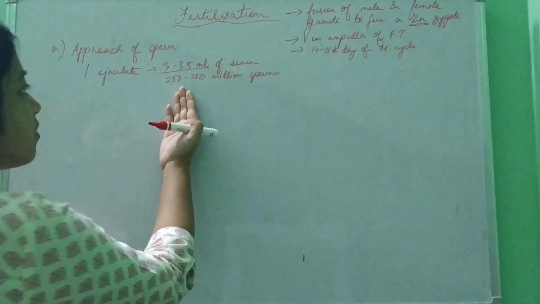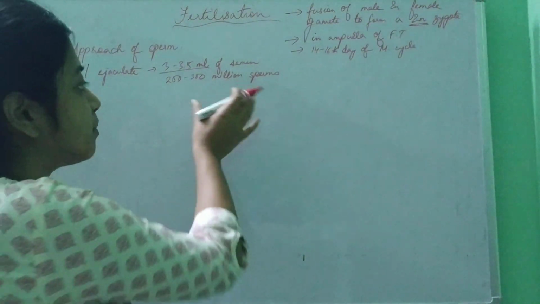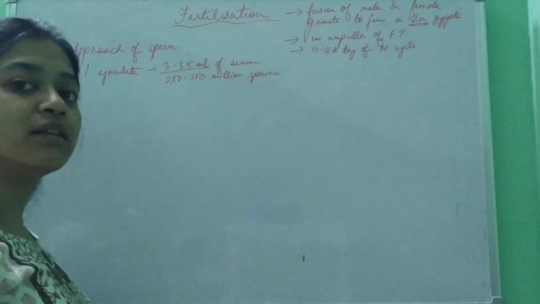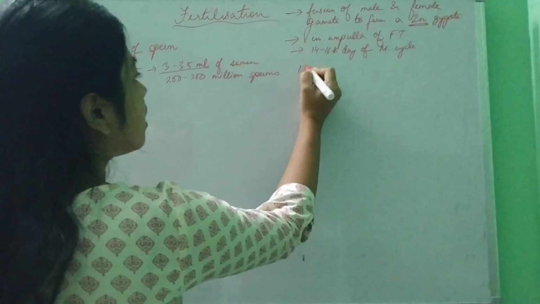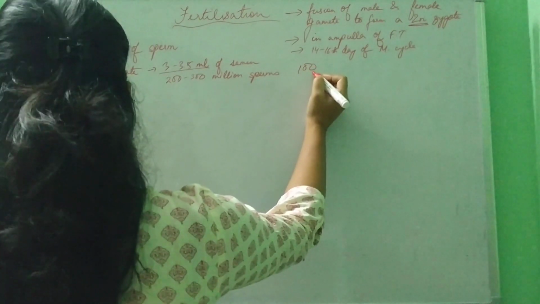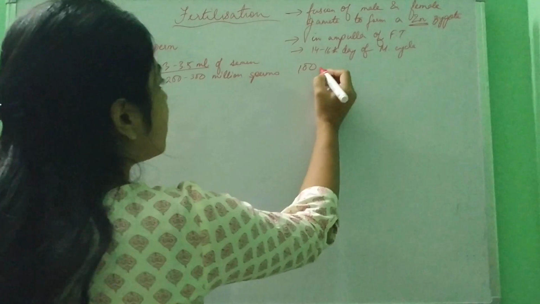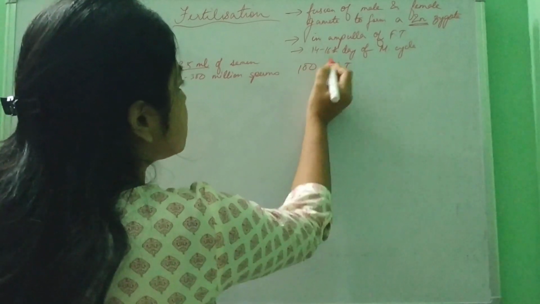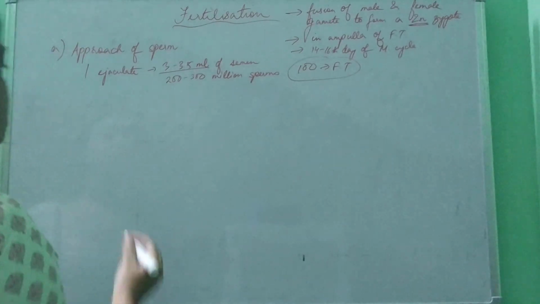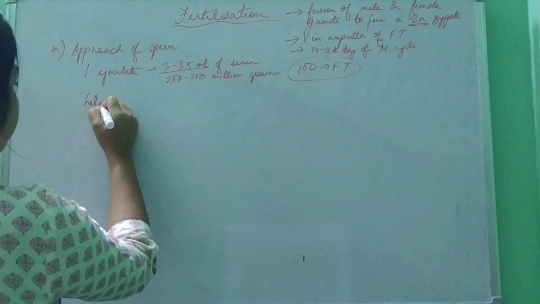There will be some factors which will help the sperms, and there will also be some barriers to the sperm. After crossing the barriers, about 100 sperms are left. Only 100 sperms will reach the fallopian tube. This we'll see later. First we'll see what helps the sperms to reach.